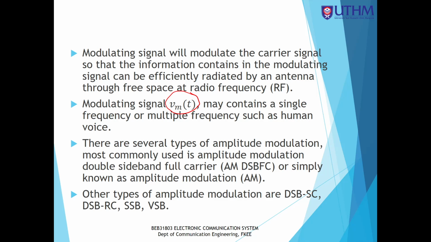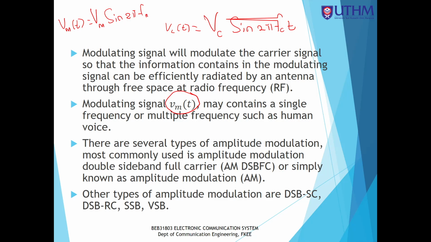Ini function, dia bukan parameter. Macam mana functionnya? Carrier adalah peak amplitude VC sin 2 pi fc t. VM(t) bersamaan dengan peak amplitude VM sin 2 pi fm t, f message t.